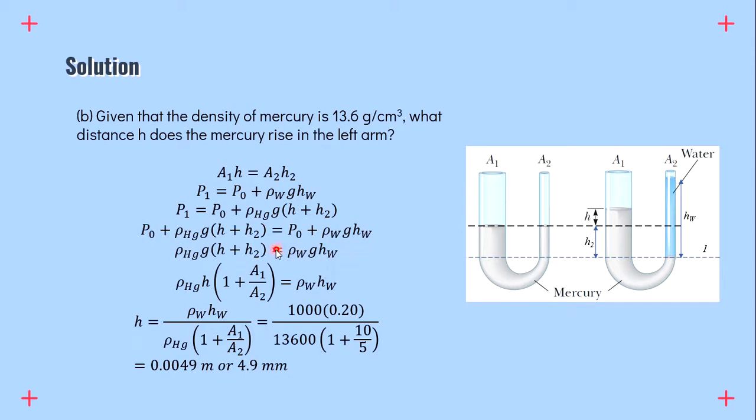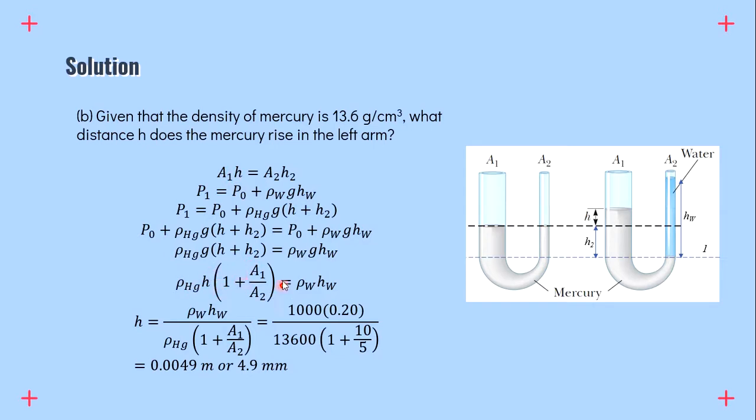Now, if you remember, we don't know h2, right? But we don't have to get that value. So let's express h2 in terms of A1 and A2. So h2 is equal to A1 h over A2.